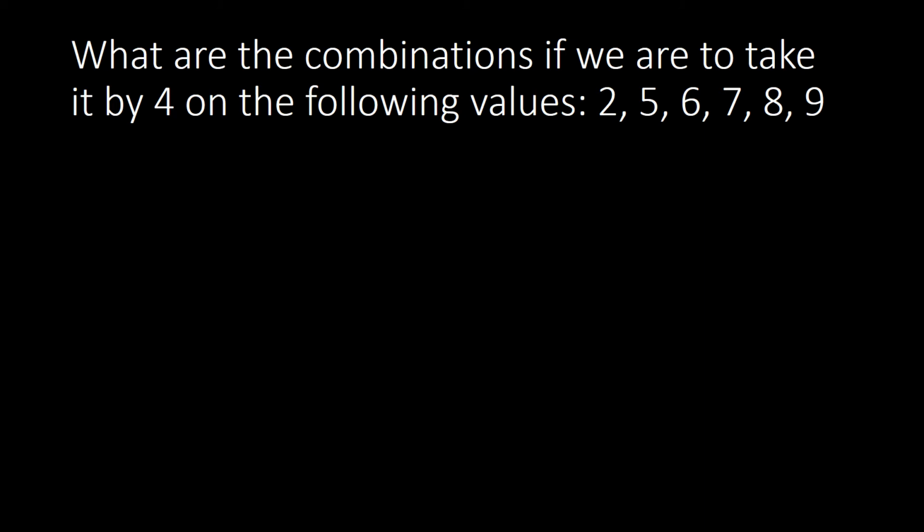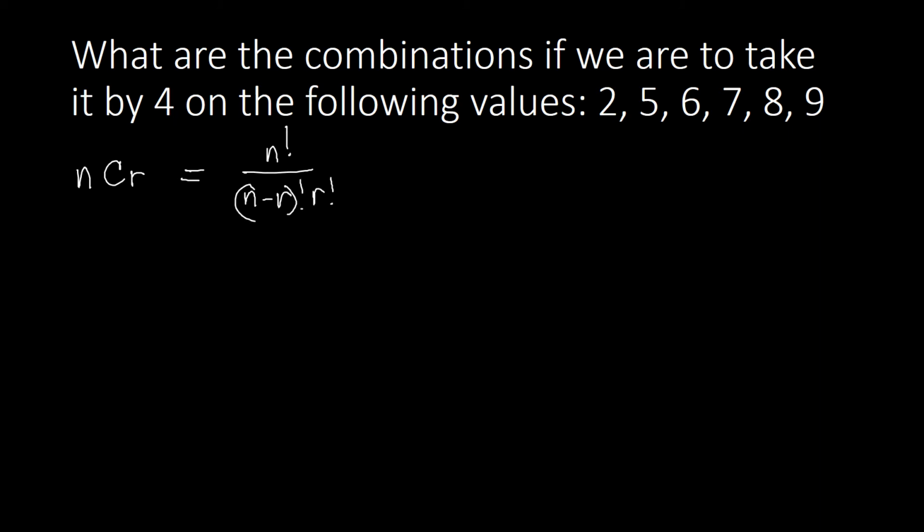So in a way of checking whether we've got all the combinations, we are going to look for how many possible combinations we are expecting out from those numbers 2, 5, 6, 7, 8, and 9. How to do that is for us to use the formula for the combination. We have nCr, which will be equal to n factorial over n minus r factorial times r factorial.